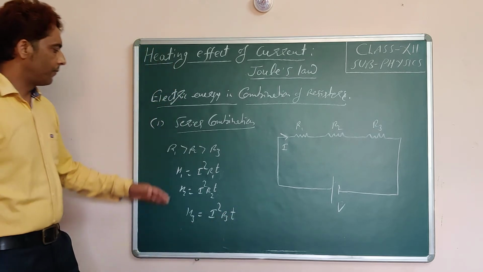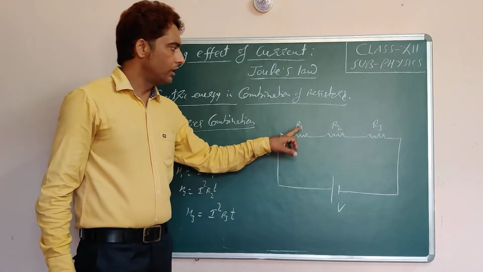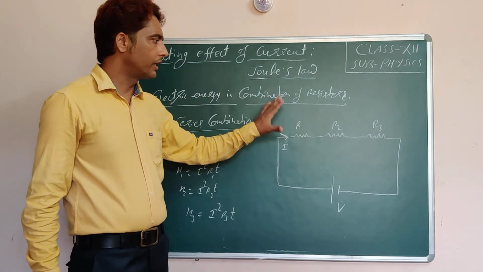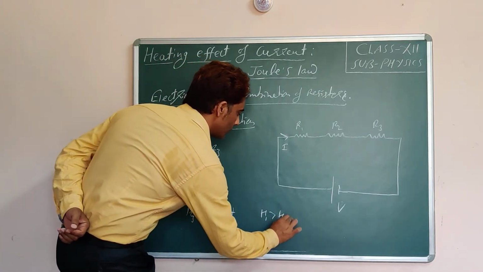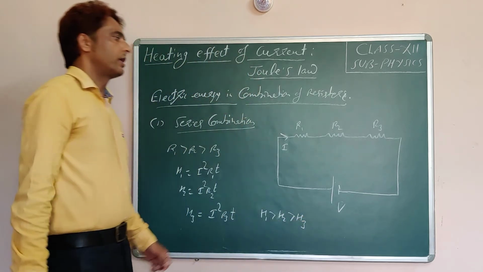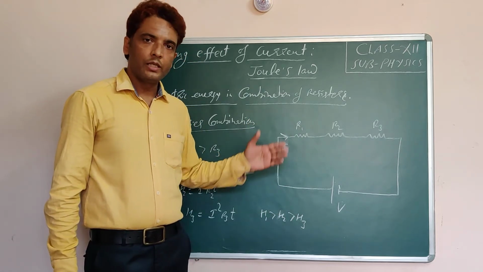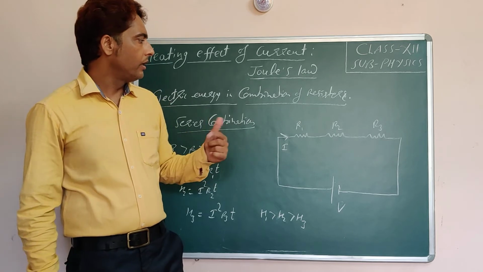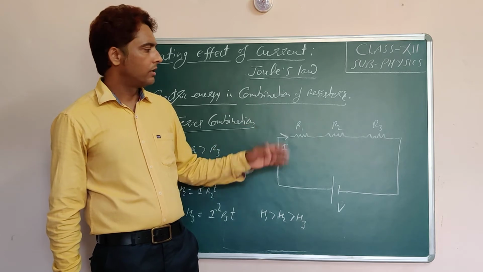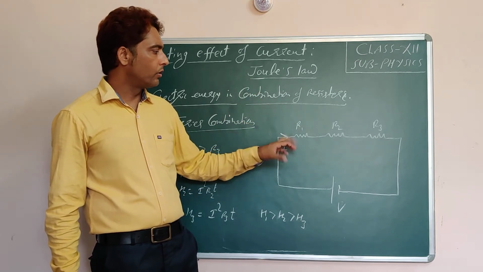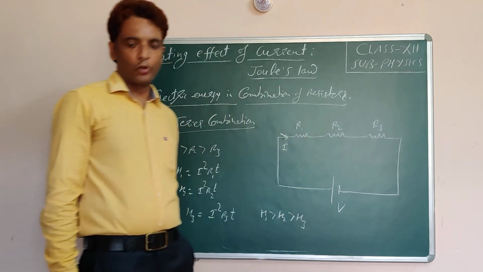From these expressions you can see that H1 is greater than H2 greater than H3. So in series combination, the amount of heat produced will be greater in the resistor whose resistance is greater. The larger the value of resistance, the larger the amount of heat produced.